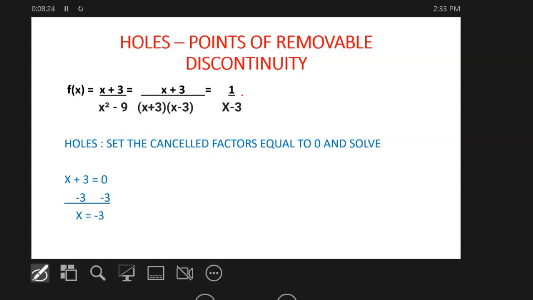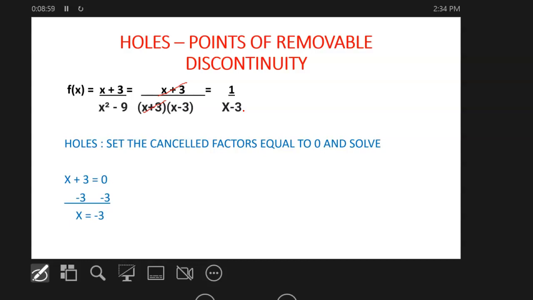So what we do is we are going to factor just like we did before. We are going to cancel like we did before to get our final form of the equation. And to find the holes, we are going to take the canceled factor, which was x plus 3, and set that equal to 0 and solve to get x equals negative 3.